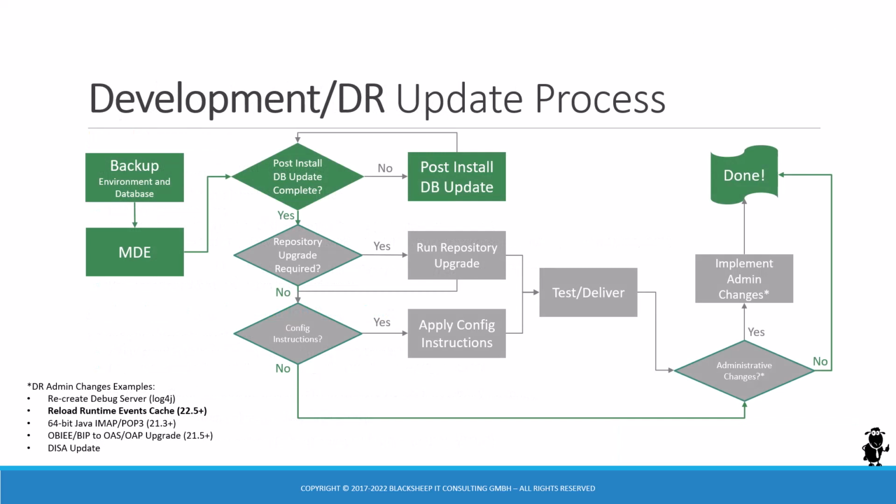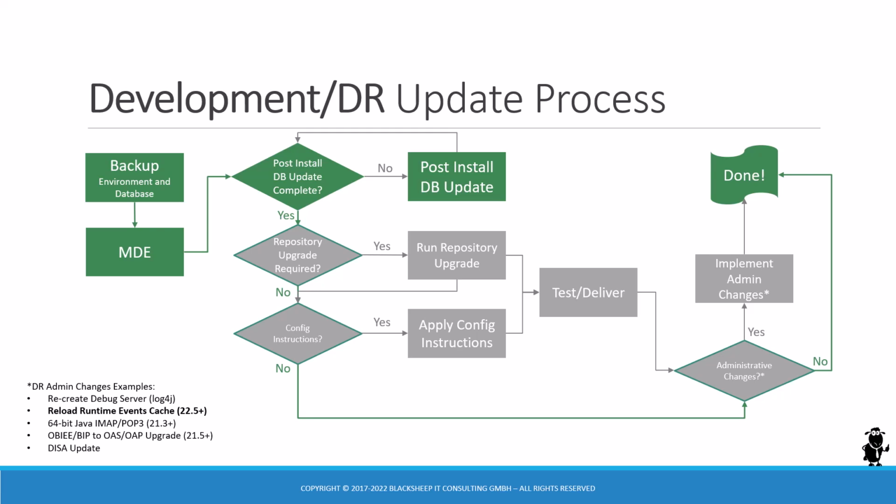So to put this in a diagram, the DR or development environment update starts with a complete backup of your environment database, bring down the environment, run the MDE on all machines, and on the first Siebel server you run usually post-install database update to apply the post-installation database updates.